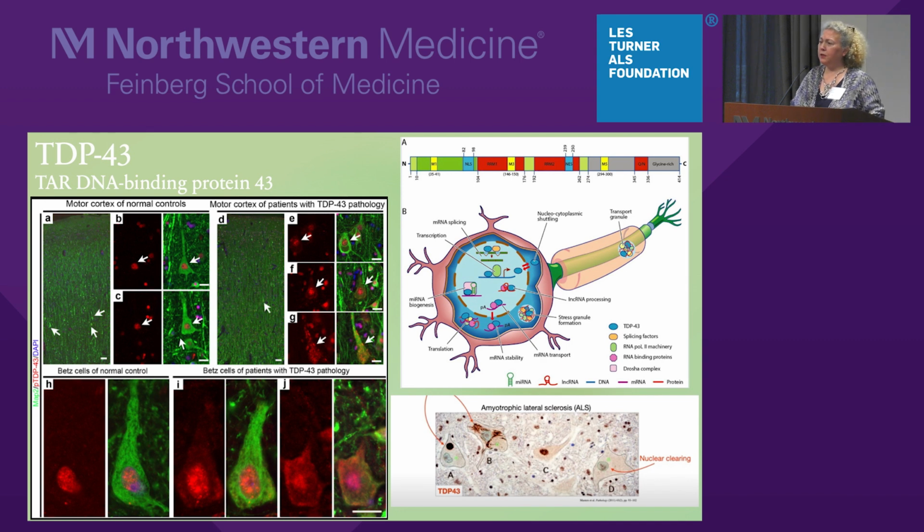So what we define as TDP pathology is the accumulation of phosphorylated TDP in the cytoplasm. When that happens, there are two types of problems. One of them is that TDP cannot do what it is supposed to do in the nucleus because now it is trapped in the cytoplasm. So it is the lack of function.